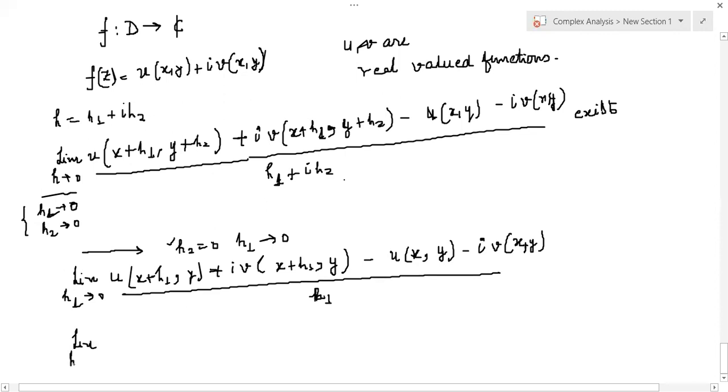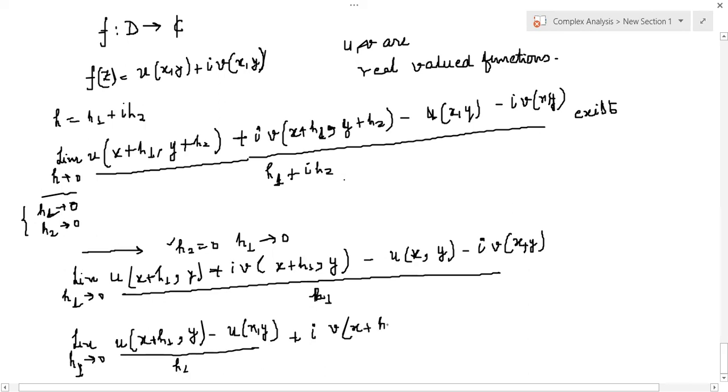Limit h1 tends to 0, and it is equal to u of x plus h1 comma y minus u of x comma y divided by h1, plus iota times v of x plus h1 comma y minus v of x comma y divided by h1.